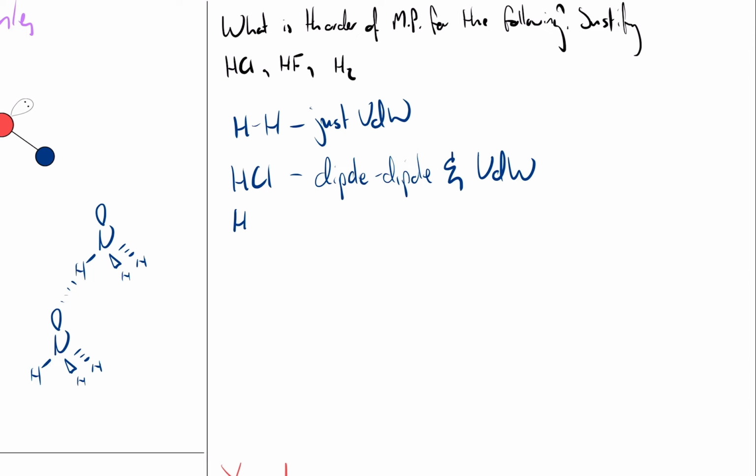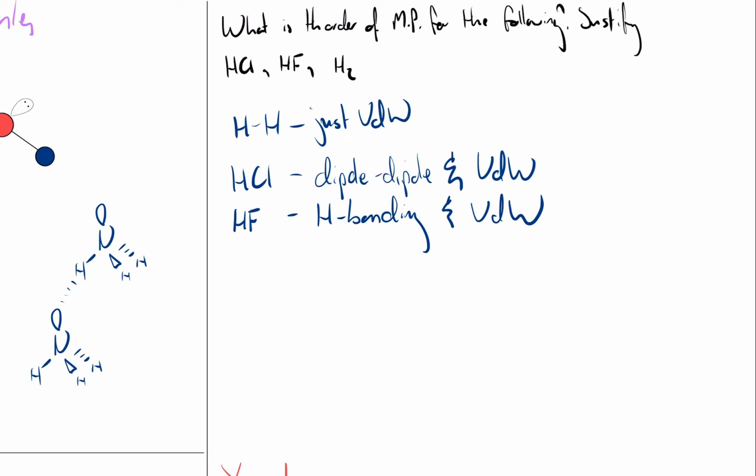And lastly, HF. Remember the fluorine, it fits in with our pattern here. So we've got fluorine, nitrogen or oxygen bonded to hydrogen, and then we get our special type of dipole-dipole, hydrogen bonding. So here we have hydrogen bonding and van der Waals.